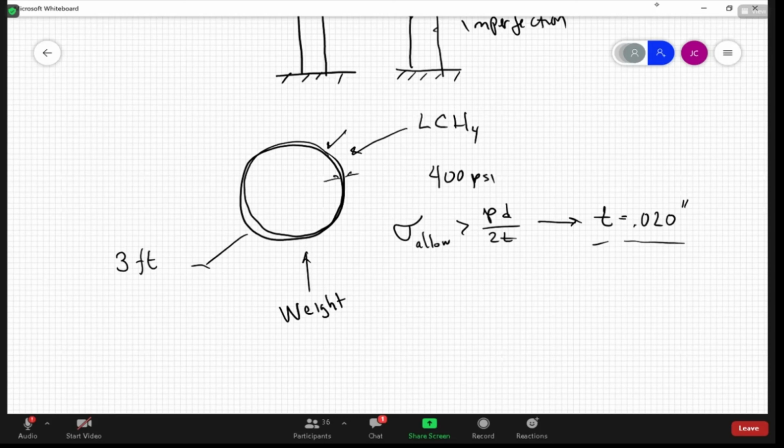The thing that is inside could get out. No, but 20 thousandths of an inch, a credit card, this Amazon card, I just measured it, it's 30 thousandths of an inch. So it's less than that. So 3-foot diameter, and about this thick.